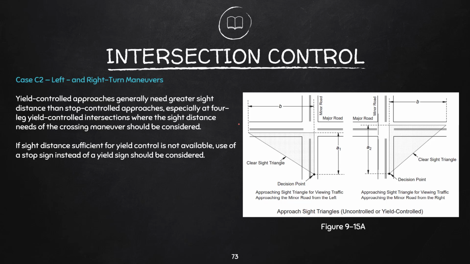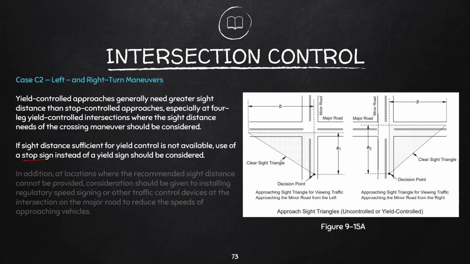If the sight distance sufficient for yield control is not available, use of a stop sign instead of a yield sign should be considered. So if the sight distance sufficient for yield control is not available within the limits of the road conditions, then you will need to upgrade from a yield sign to a stop sign.